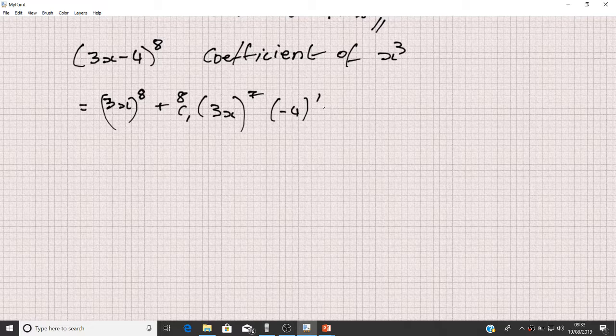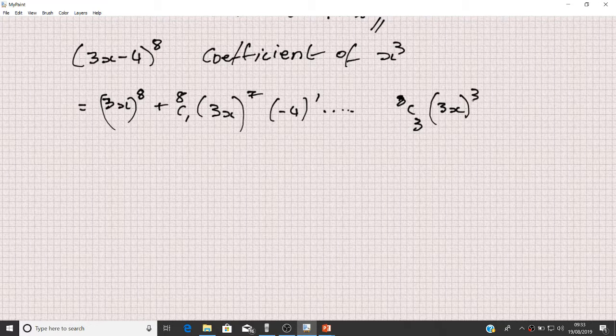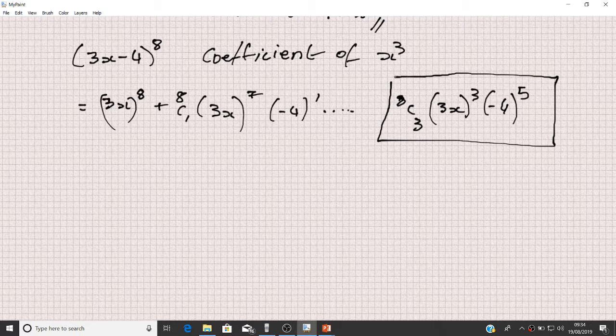So we go all the way along, 8C2 to the power 6, 8C3 to the power 5, 8C4 to the power 4, 8C3, (3x) cubed, negative 4 to the power of 5. And this is the term we're interested in if we're looking to find the coefficient of x cubed.